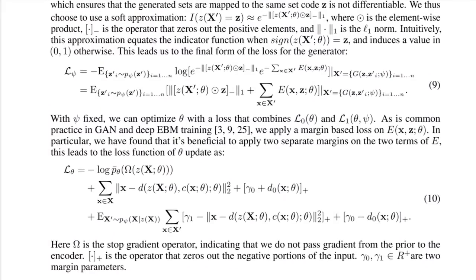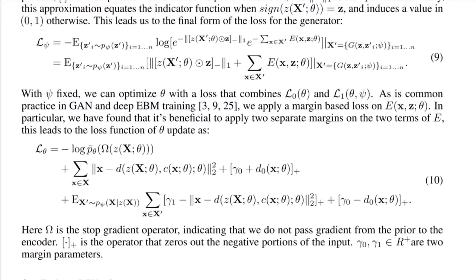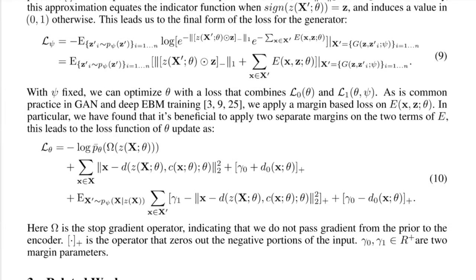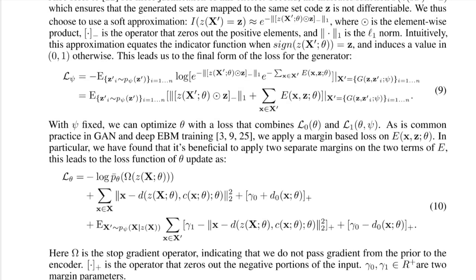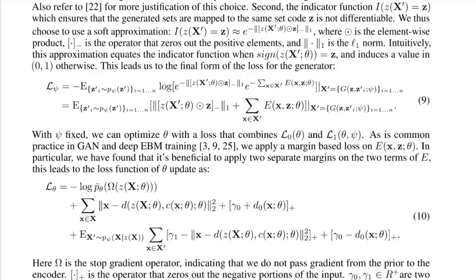So, the losses. They now introduce some margin losses on the things here, but basically you can just translate what we have on top, where we formulated the negative log likelihood, into the losses right here. They do have some simplifications.